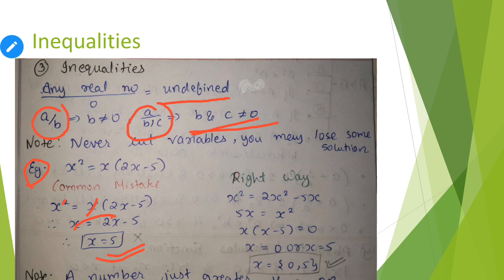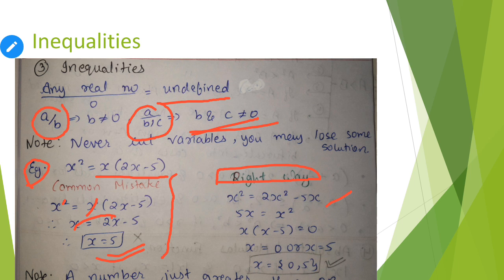But here it was a quadratic equation, and we know that in a quadratic equation we will get two roots, two answers, but here we got only one answer and we don't know what the other answer is. So if it is asked in a question, we will commit a mistake, we will write only one root but the actual answer is two roots. So what is the right way? The right way is, if it is x square is equal to x square minus 5x, we first of all have to solve the bracket. So we have solved the bracket here.